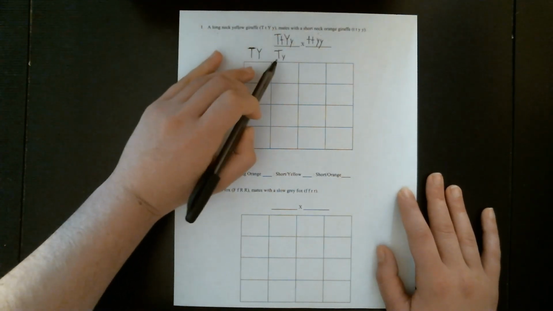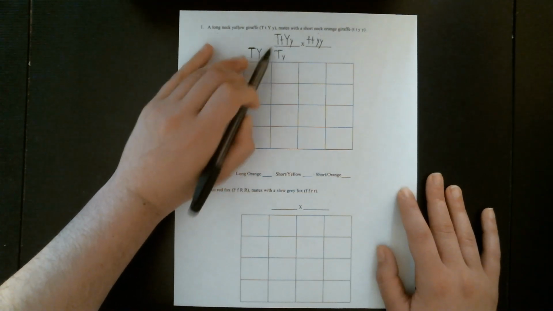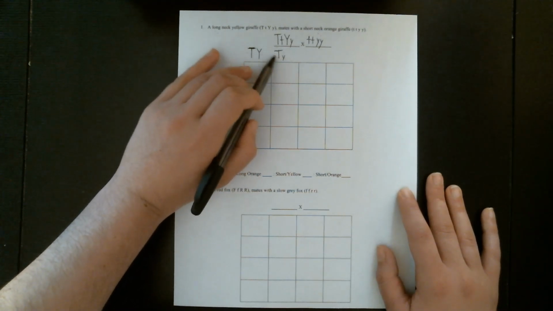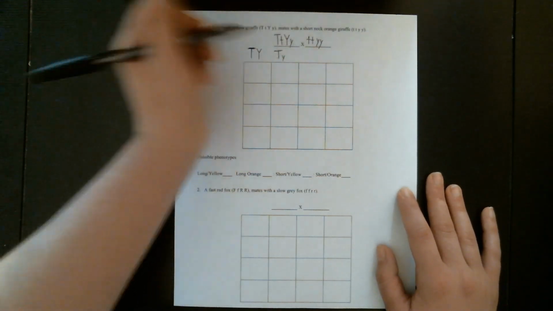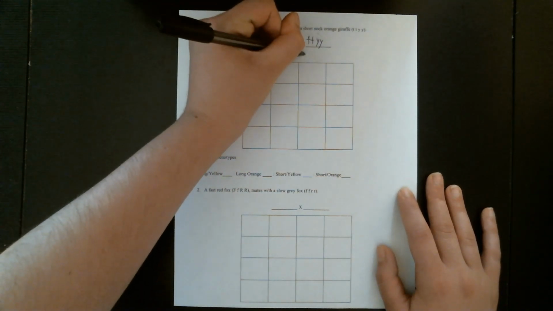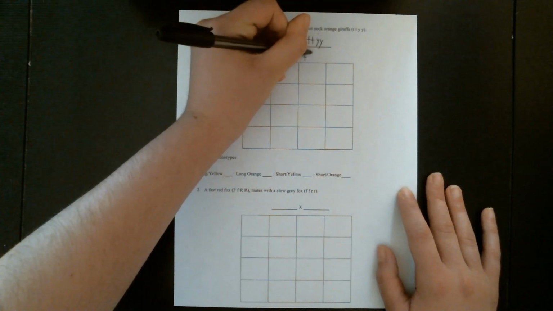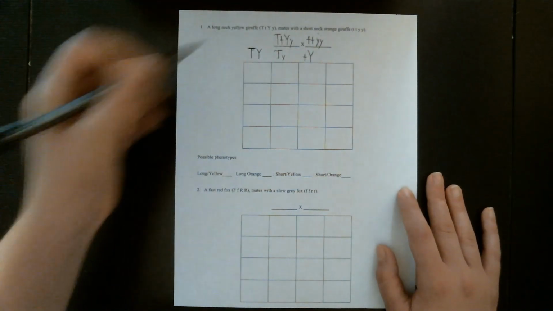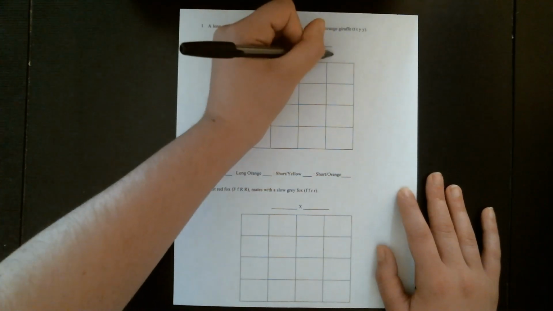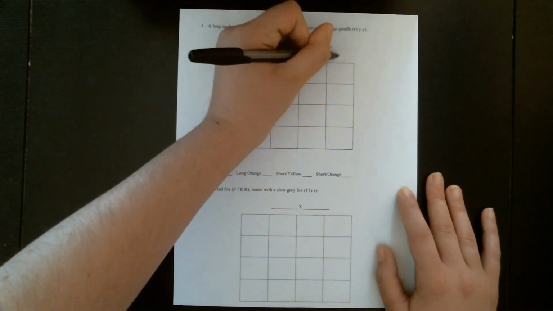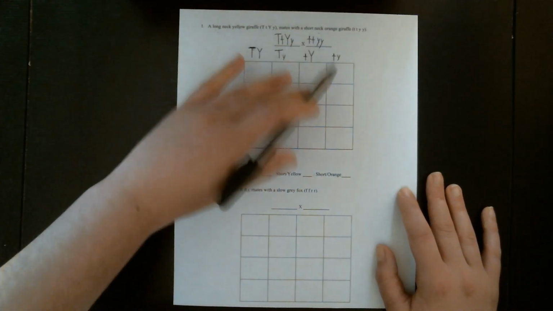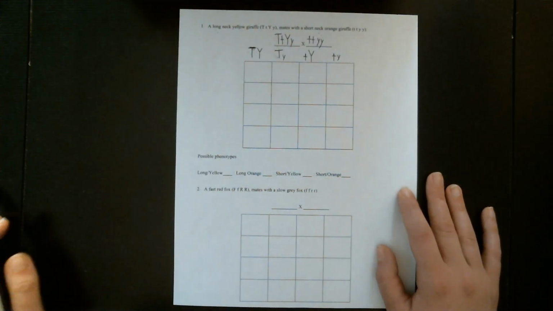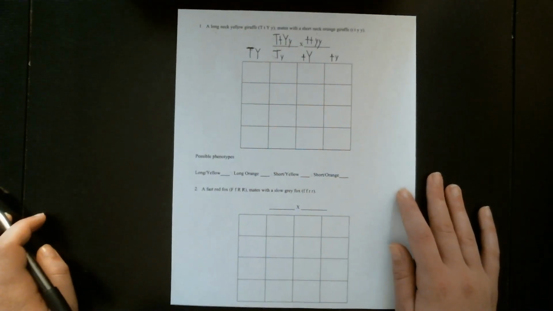Big T and little y, so she could pass on her dominant allele for neck length and her recessive allele for color. Also, she could pass on the little t and the big Y, or both of the small ones, little t, little y.